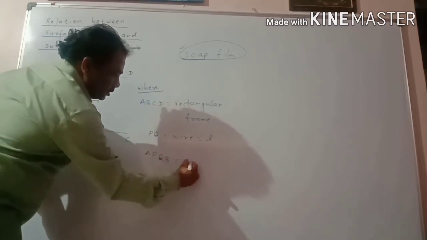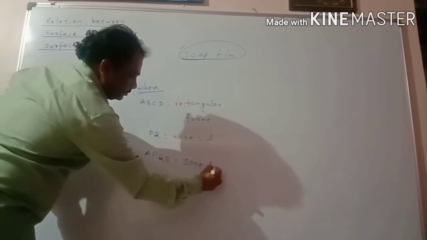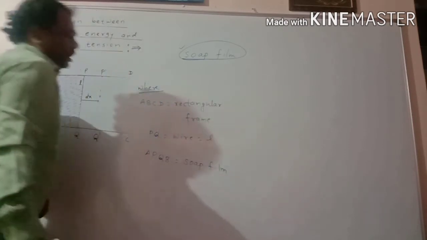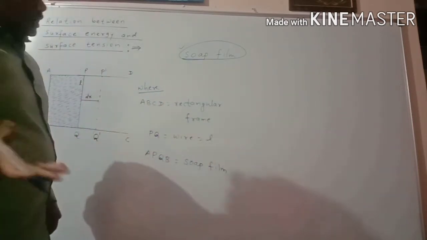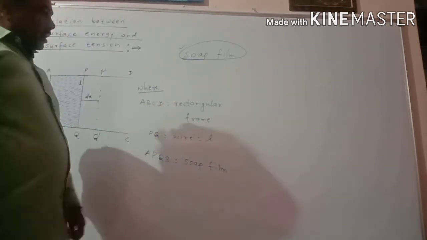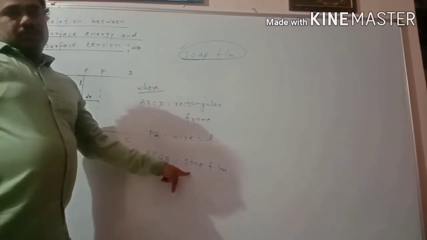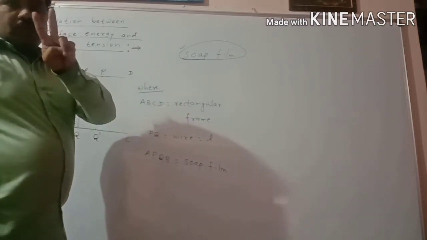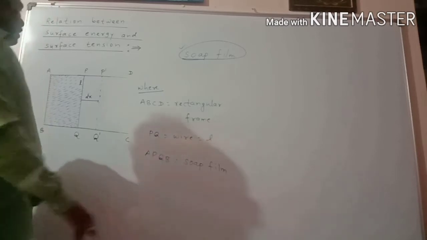We already told you how we can produce soap film. Whenever a soap film is there, how many surfaces are there? Only two.